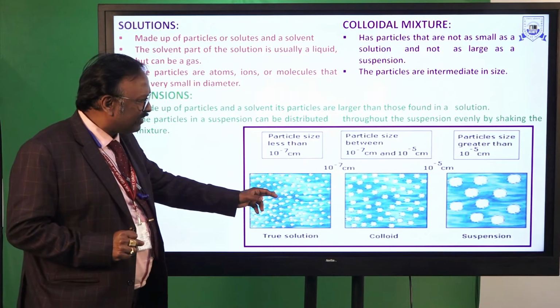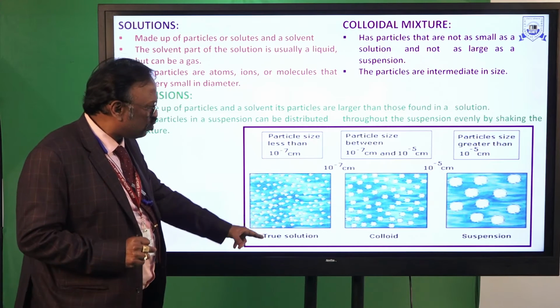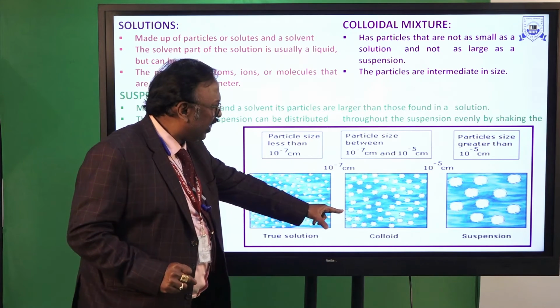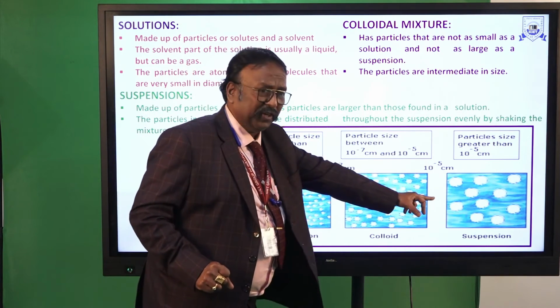You see the particle size of the true solution as well as the colloidal dispersion and the suspension.